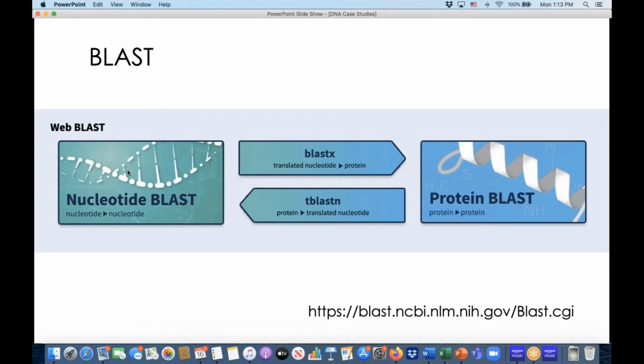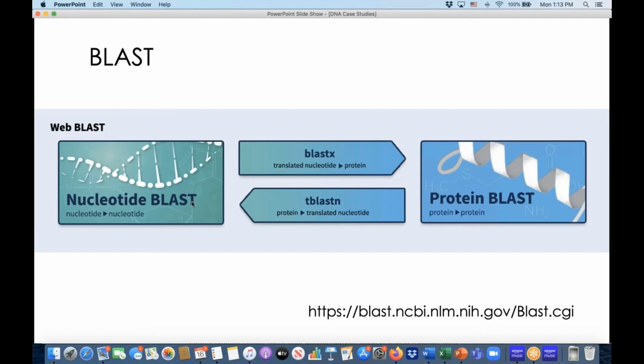And so BLAST, for those of you who are not familiar, you can use it to compare two different nucleotide sequences, or to take an unknown nucleotide sequence and compare it to all the sequences in the database to find a match and therefore identify the source of that sequence. You can also do the same thing with protein sequences. So you can align two protein sequences and look for differences and mutations, or you can put in an unknown and compare it to the database to identify its source.